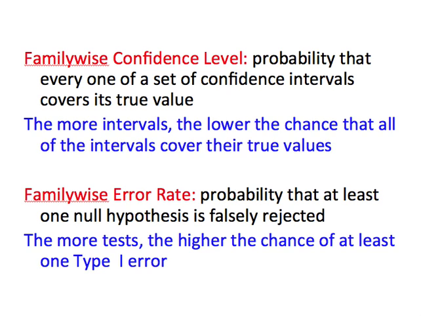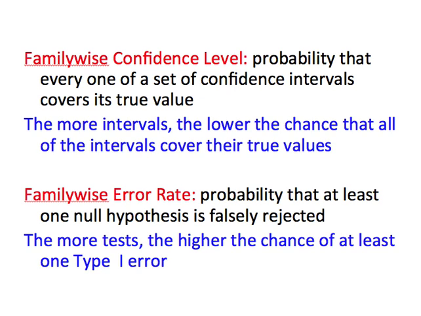So what we can set as our goal is to have a 95% probability that all of the intervals cover their true values. The more intervals we have, the lower the chance they'll all cover their true values. So we're going to have to work pretty hard to make sure that they all will cover their true values with a probability 0.95.